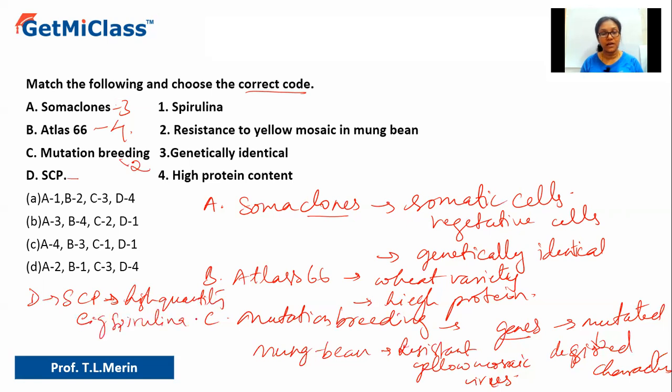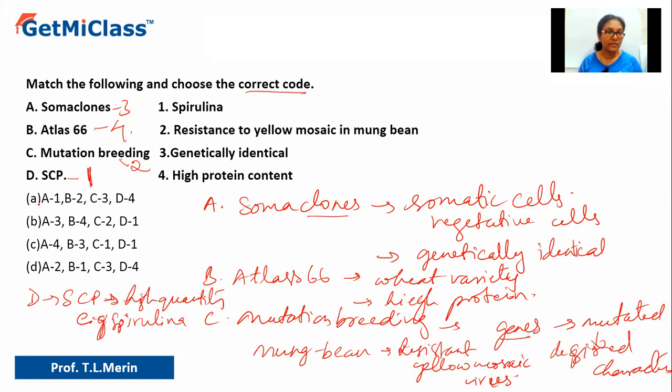Spirulina is a type of cyanobacteria, or you can also call it blue-green algae, but it is not an algae, it is a bacteria. But it contains high content of protein, and that is why it is produced at large scale and called single cell protein or SCP. That is number 1. So according to us, it should be A3, B4, C2, D1.